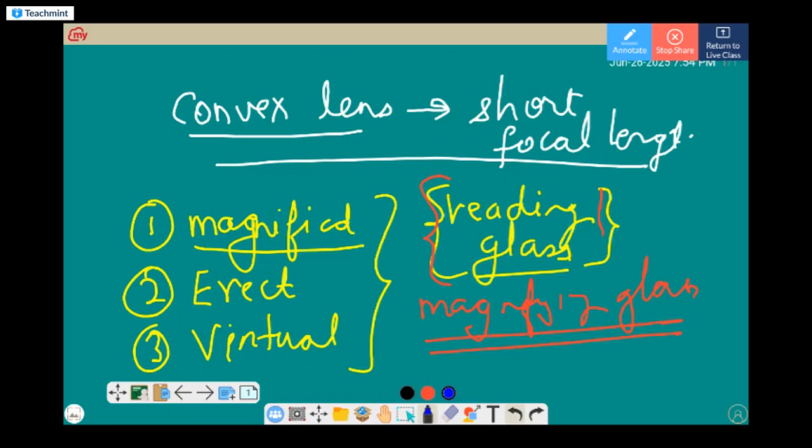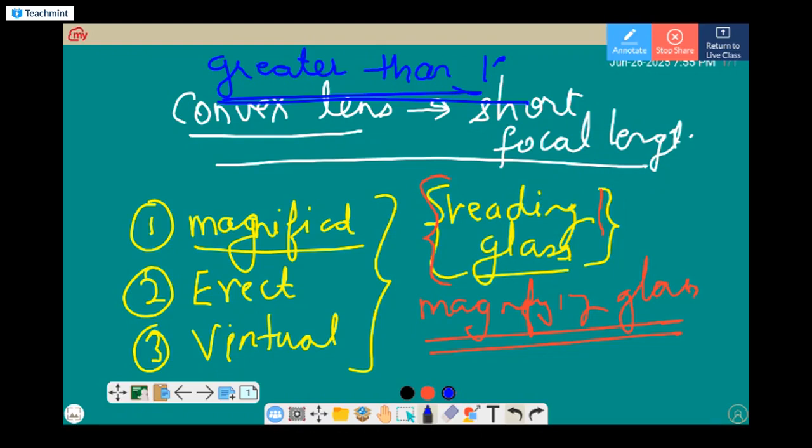These are all MCQ questions I'm picking up that can possibly be asked. So two things we get to know: for a magnifying glass, which type of lens is used? Convex lens. Second, how much angle will it subtend? It's going to have an angle greater than 1 minute, and that will help us to see objects very clearly. That's going to help our eye.